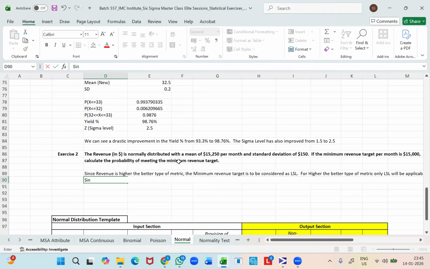So we need to estimate the probability of meeting the minimum revenue target of $15,000.